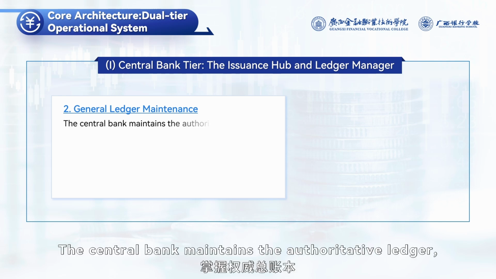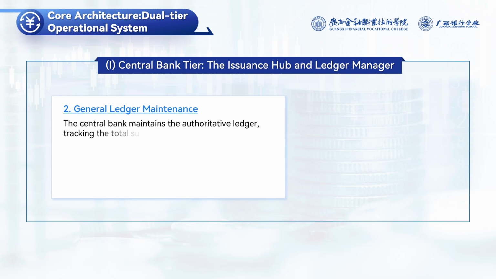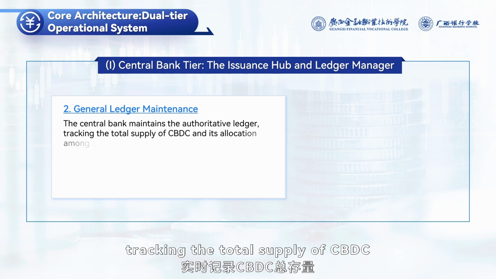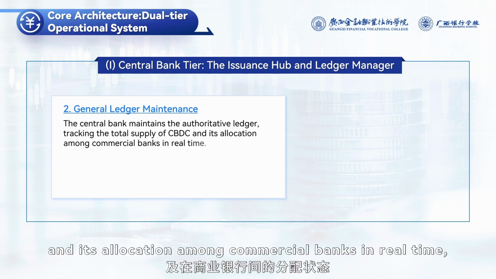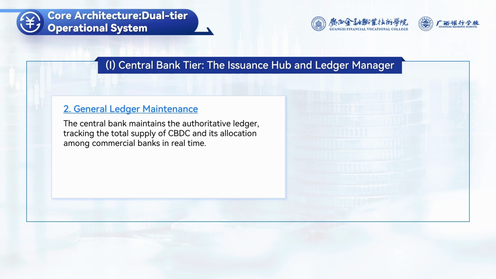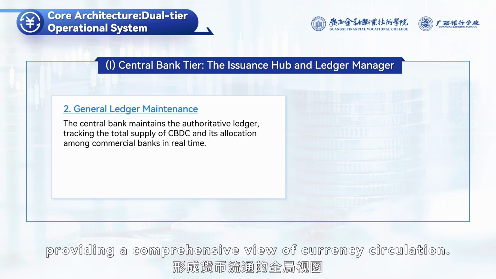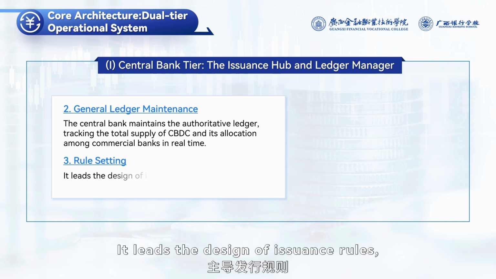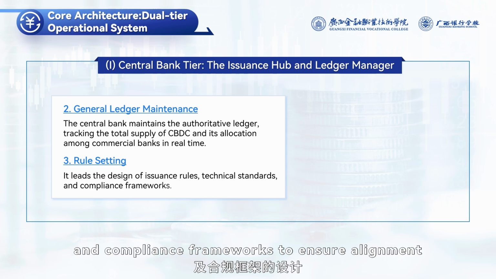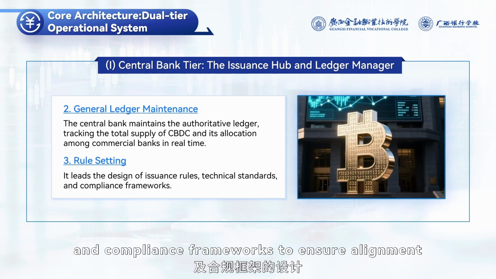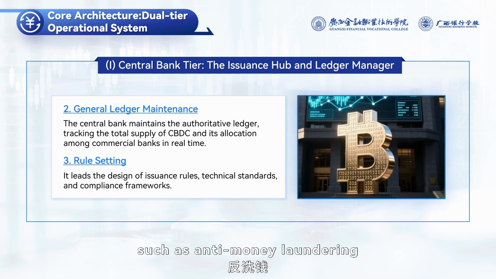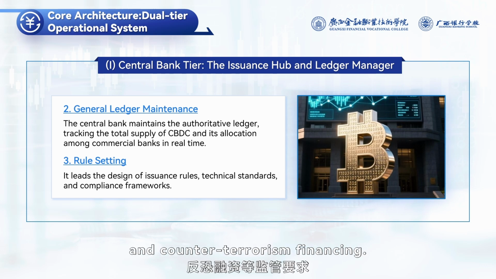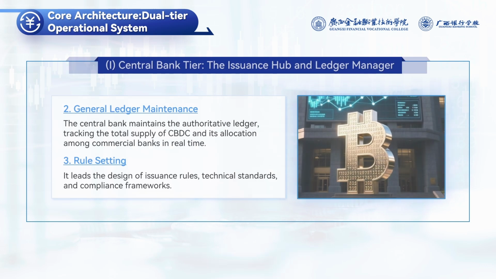The central bank maintains the authoritative ledger, tracking the total supply of CBDC and its allocation among commercial banks in real time, providing a comprehensive view of currency circulation. 3. Rule setting. It leads the design of issuance rules, technical standards, and compliance frameworks to ensure alignment with regulatory requirements such as anti-money laundering and counterterrorism financing.